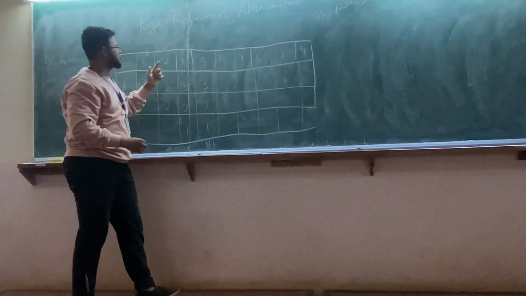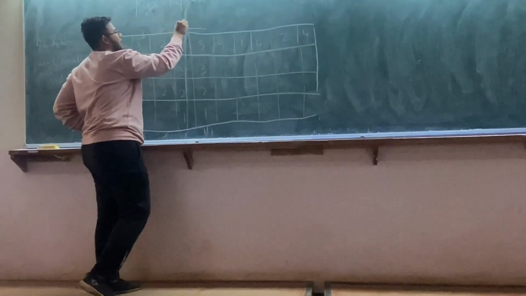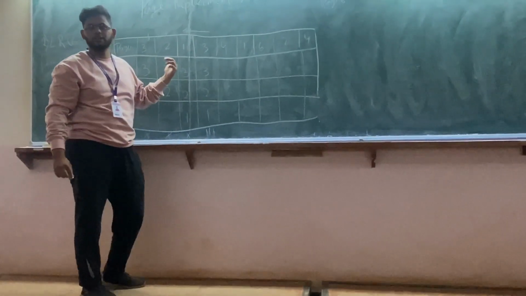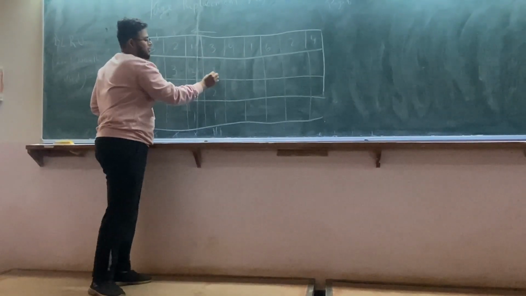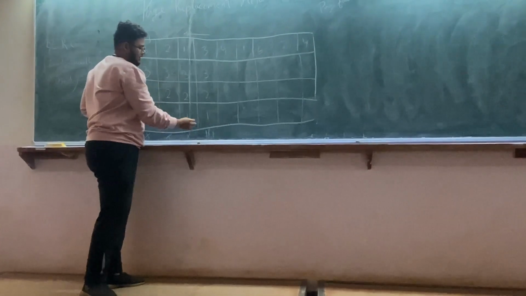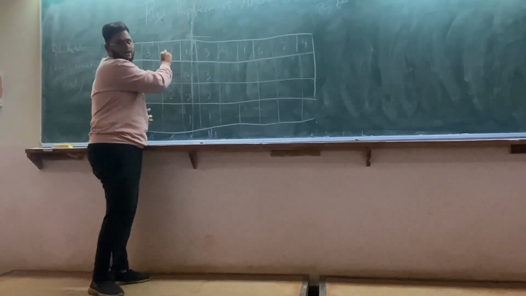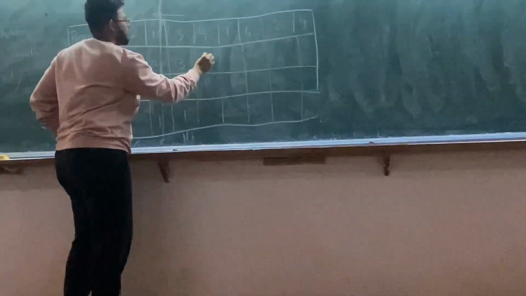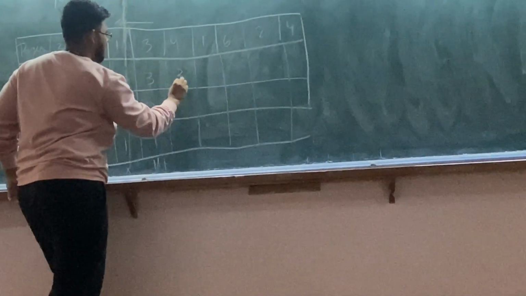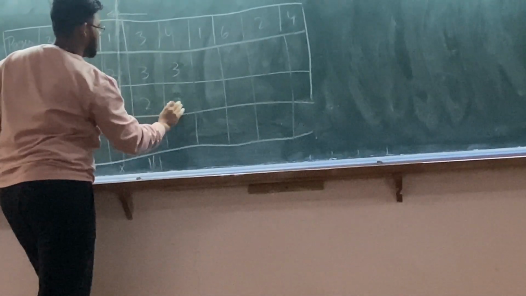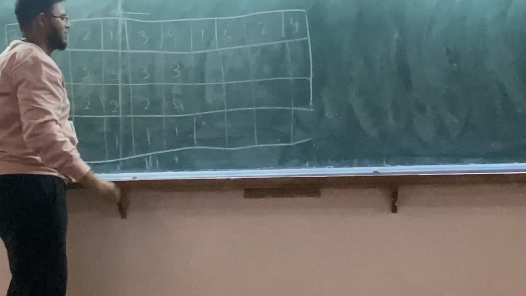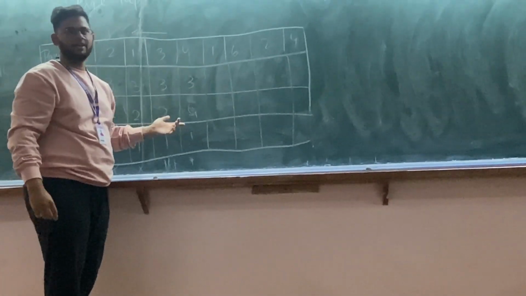We have to replace 2 because we have to look at the left side to see which one occurred recently. 3 has occurred recently, 1 has occurred recently, but 2 is far away. So we have to replace 2. So it becomes 3, 2, 3, 4, 1. It becomes a fault because it was not present. Now 1. 1 is present in the frame, so you have to do nothing.